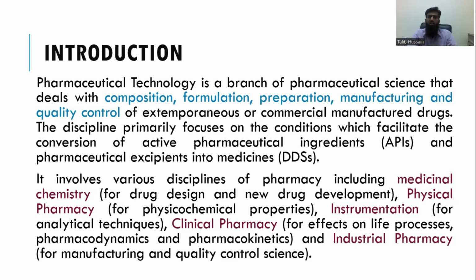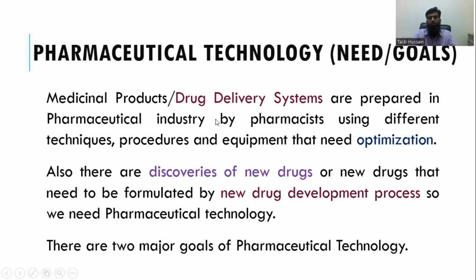And for the process known as manufacturing or a preparation process, we will need the knowledge of industrial pharmacy so that we can use some machines or instruments to prepare large quantities of the delivery system or large batches of the system.